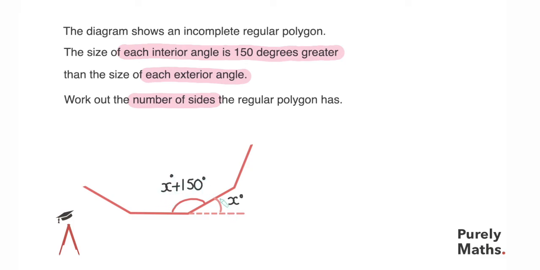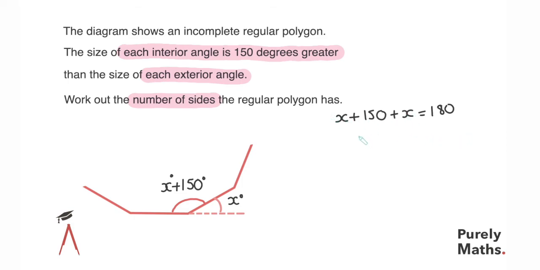Now we can use the fact that these two angles, the interior and exterior, add together to make 180 degrees to form an equation. And the equation would look like this: x plus 150, so that's the interior angle, plus x, that's the exterior angle, equals 180. And I can solve this equation to help me work out x.